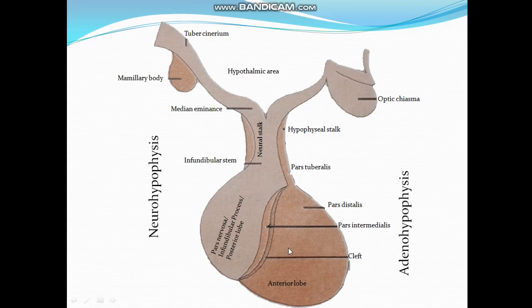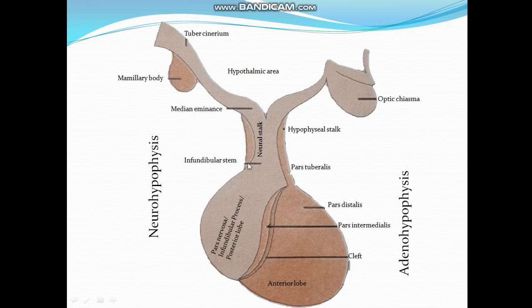The tuberal part is called the pars tuberalis, and the part between the posterior pituitary and anterior lobe is called the pars intermedia. So the adenohypophysis has three parts: pars tuberalis, pars distalis, and pars intermedia, and it attaches to the floor of the brain, the basal part of the hypothalamus, with the help of the hypophyseal stalk.